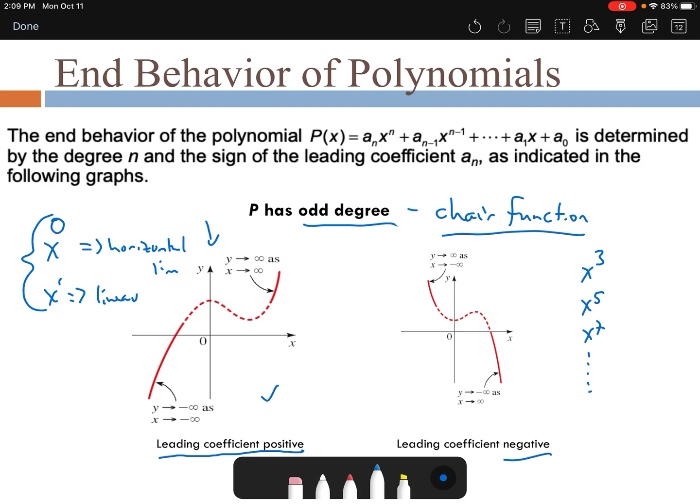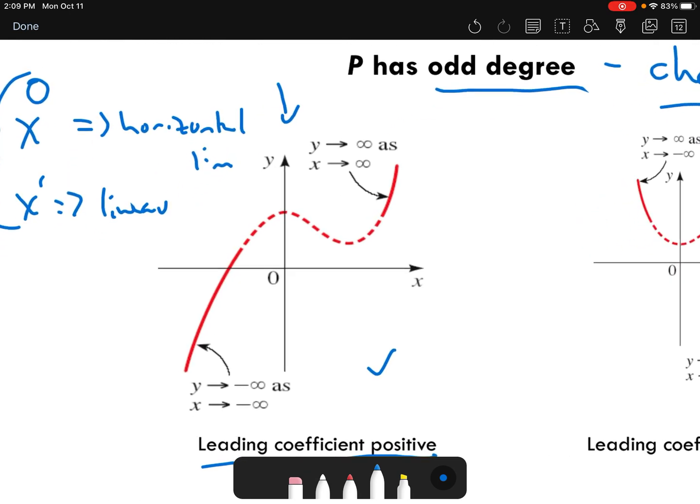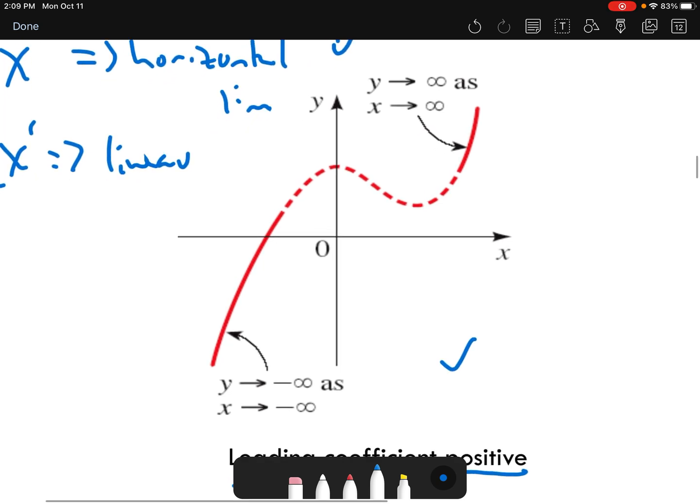Okay, now let's talk about the end behavior. The end behavior is what is going on at the end. So the first part here, y goes to negative infinity as x approaches negative infinity.